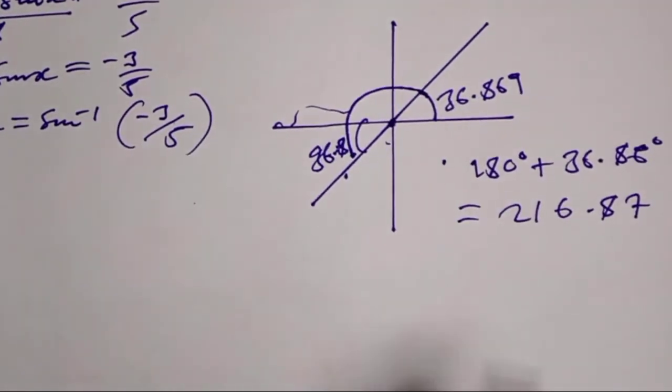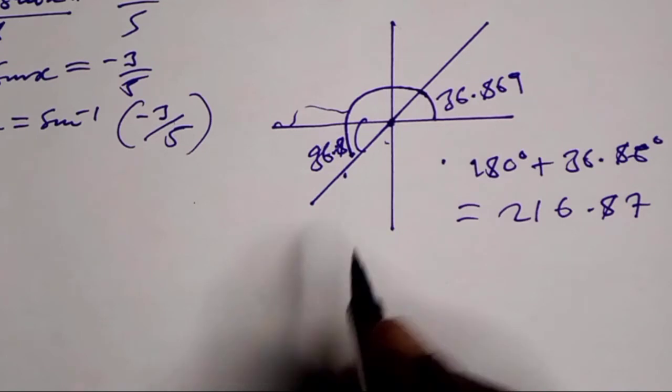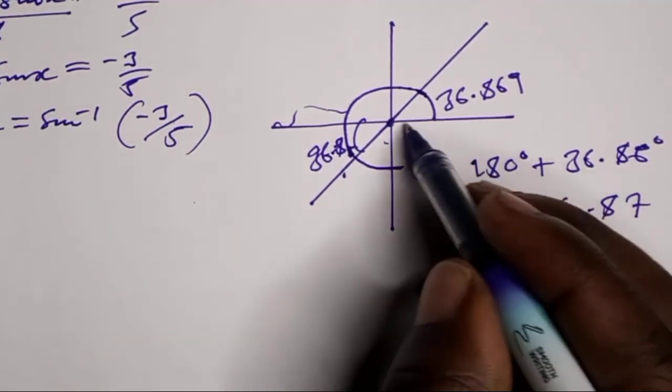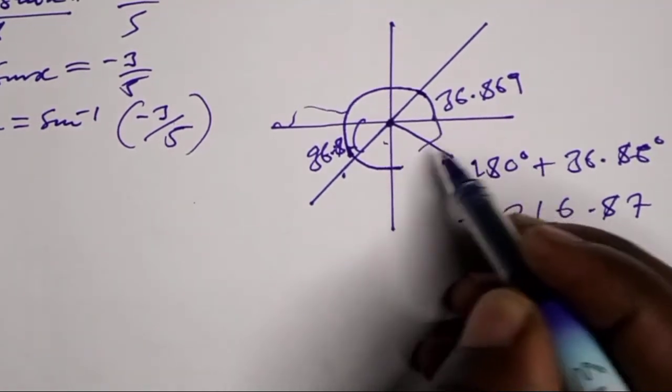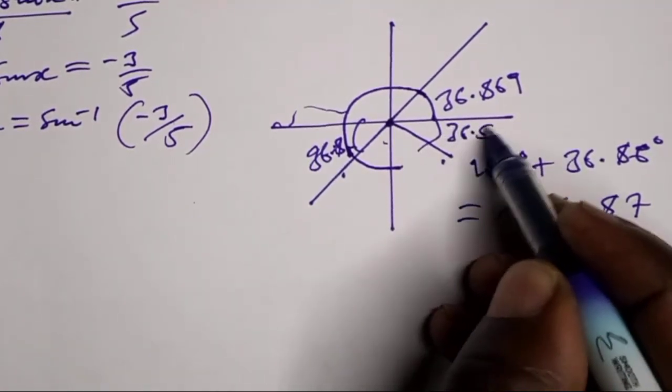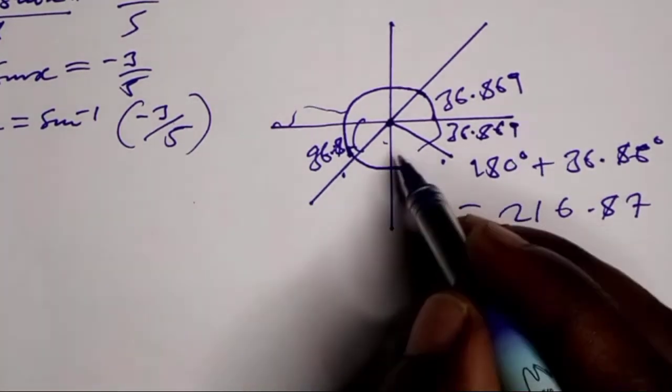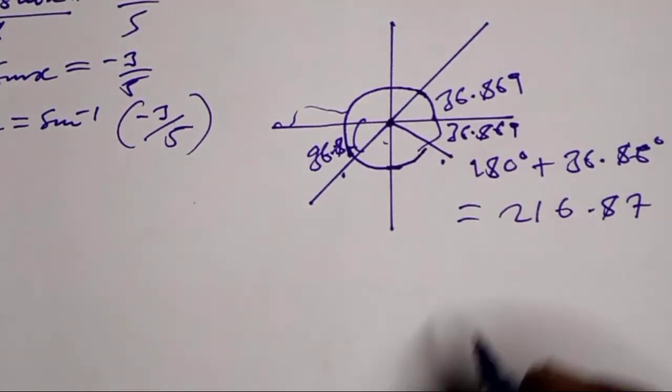Then for the second one, where sine is negative, it is in the fourth. So there is also a reflection here, which is 36.869.